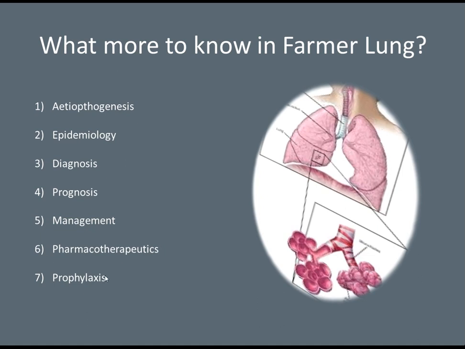Obviously, the final point is to prevent it, because prevention, as we all know, is better than cure. So prophylaxis deals with those methods that can be adopted to prevent the disease of farmer's lung. So with that very short listing, I should be putting an end to this video.